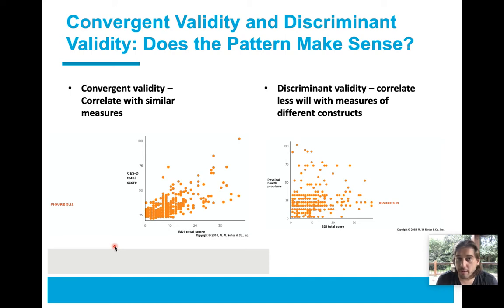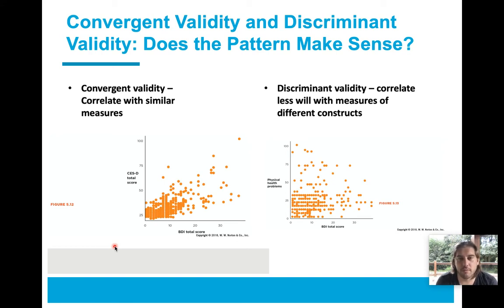And discriminant validity is the idea that if your measurement tool is a good, true measure of your phenomena, then it should correlate less, it should diverge from, it should discriminate from measurement tools that measure other, different phenomena.